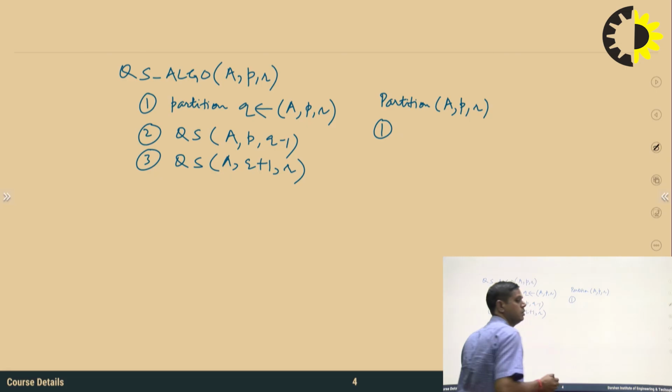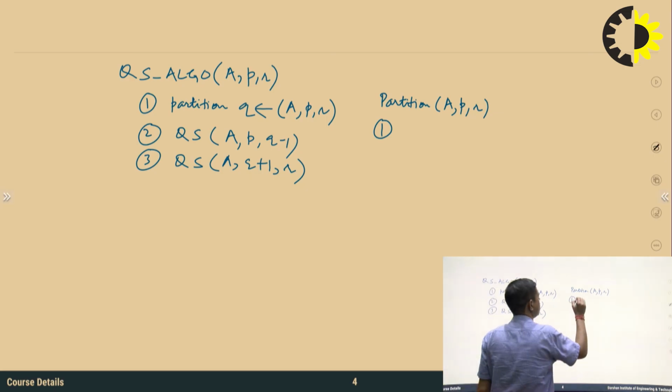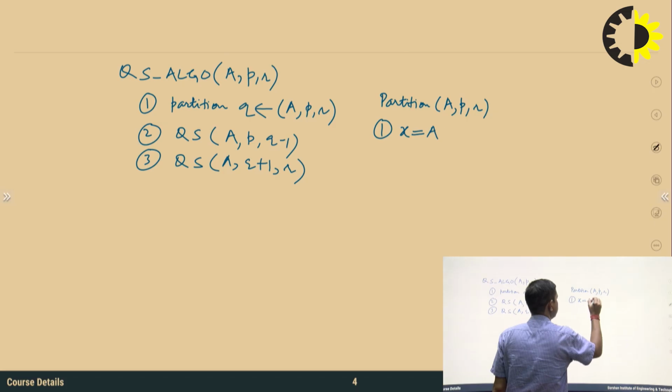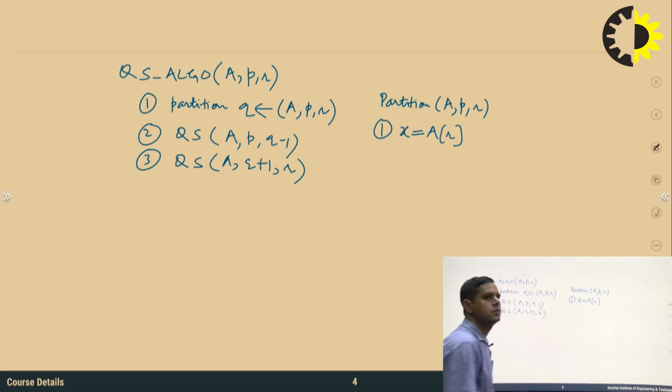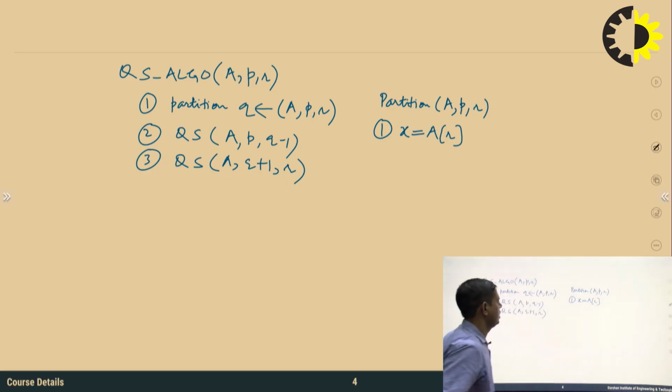According to this sorting technique, we have taken the last element as a pivot element. For example, X equals A of R. X is the pivot element, R is the upper bound of the array, A is the array, and we have taken that element as the pivot element.